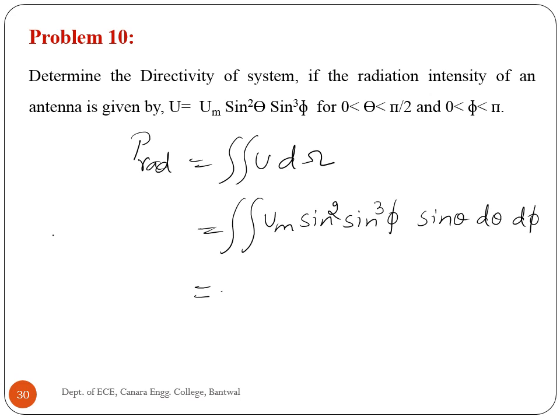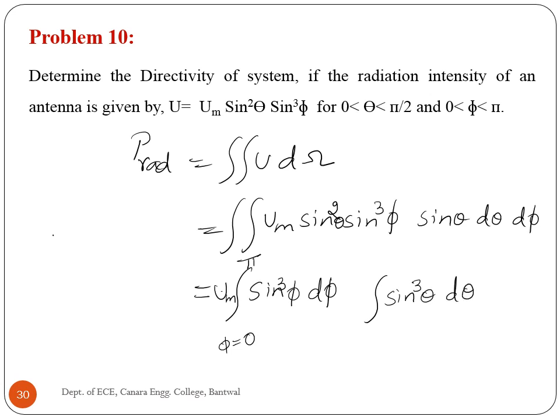And integration of sin cube phi d phi, when phi is from 0 to pi, and integration of sin square theta into sin theta is sin cube theta d theta, and theta is from 0 to pi by 2.